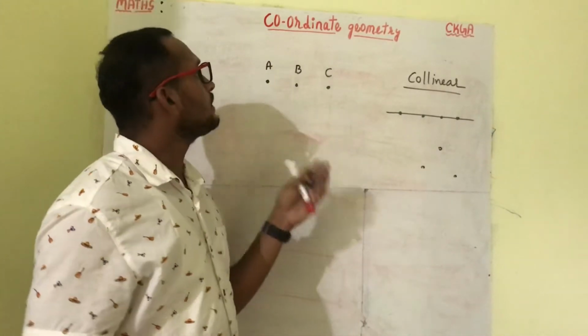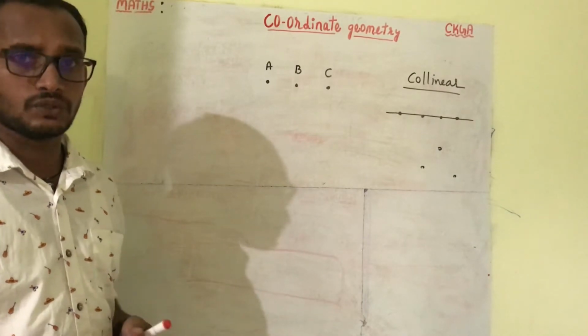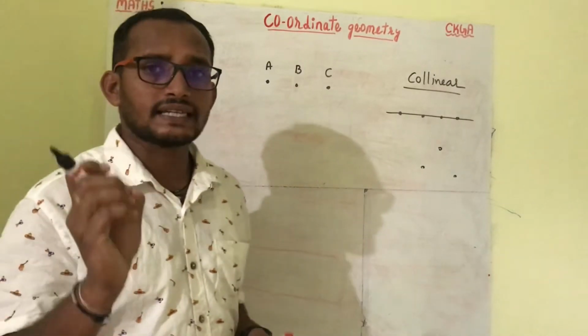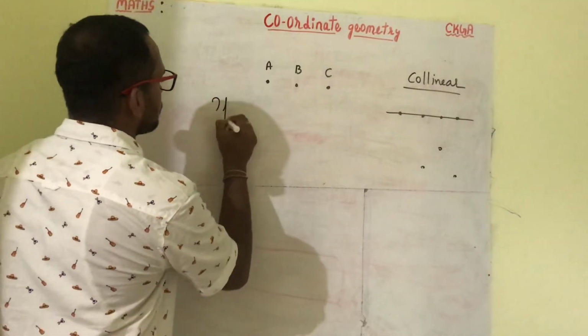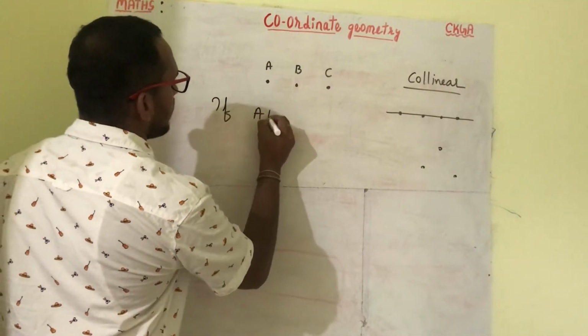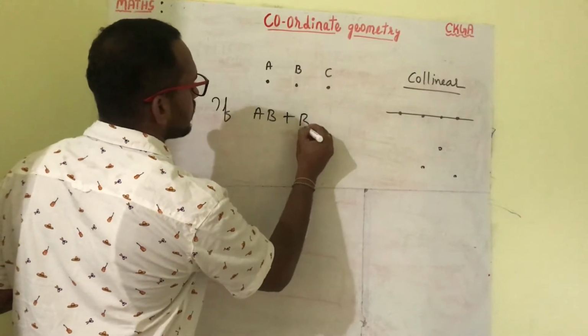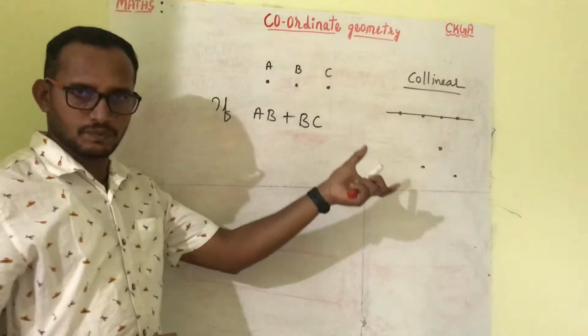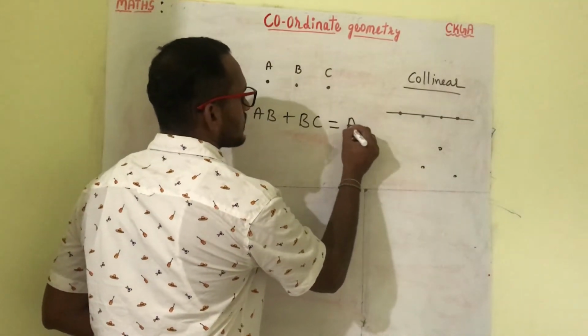Now I need to check whether A, B, C are collinear or not. In that case, what should I do? You should use a small concept using distances. You just find the length of AB and the length of BC, and add them up. So AB plus BC: suppose this sum is equal to the length of AC.